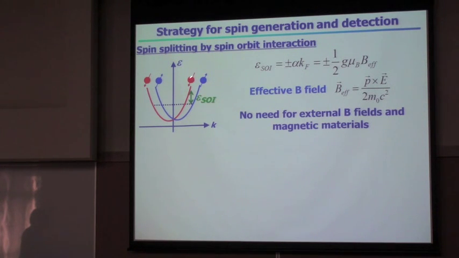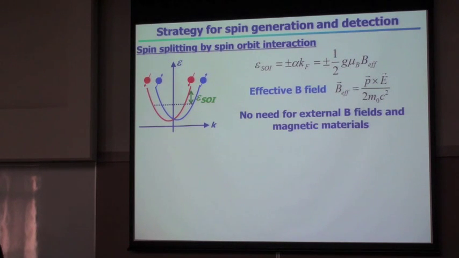And for electron spins, this energy is the spin splitting. So we can describe this spin splitting energy by using the effective magnetic field, which is the same description as the Zeeman energy term. And this effective magnetic field is proportional to the electron momentum and also the internal electric field.